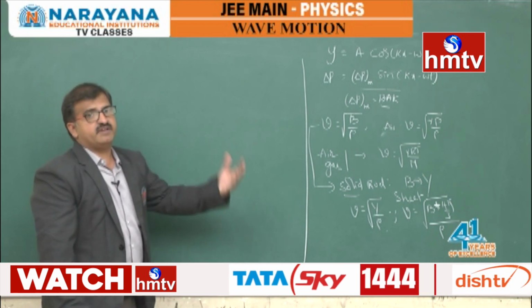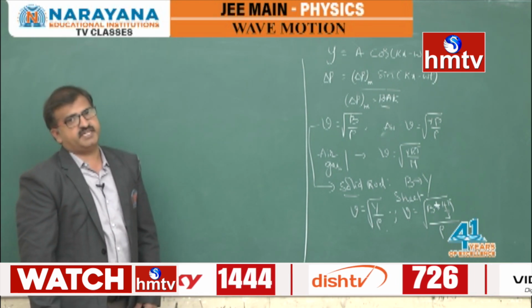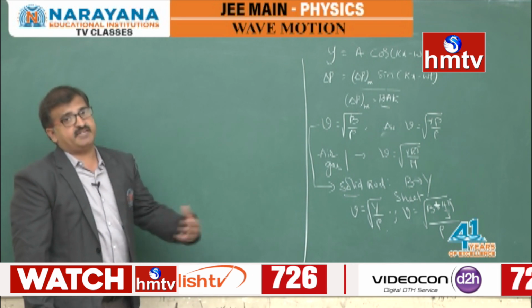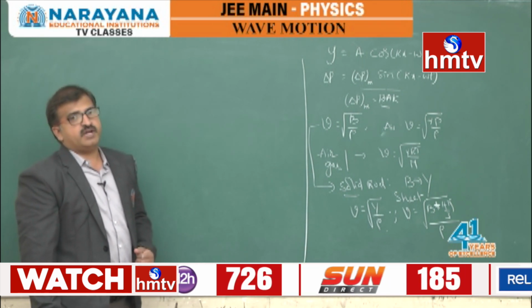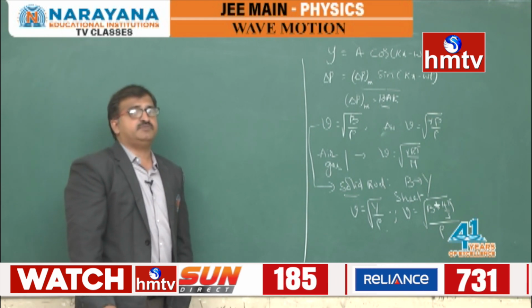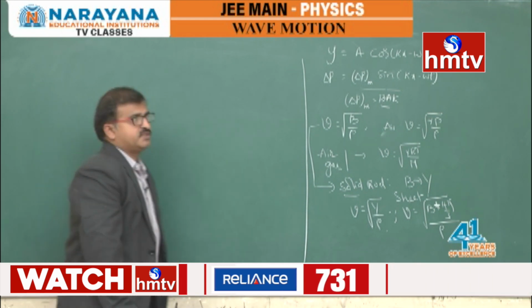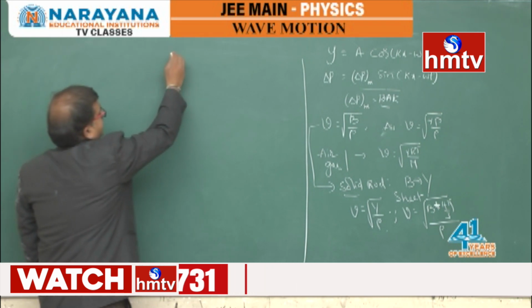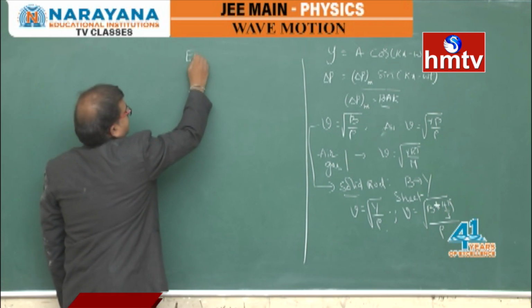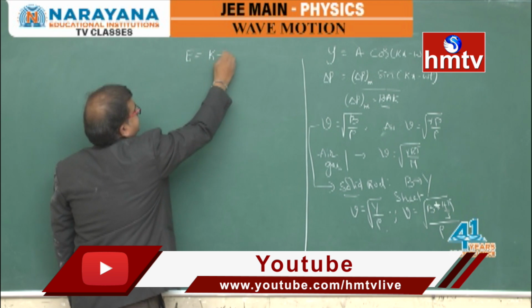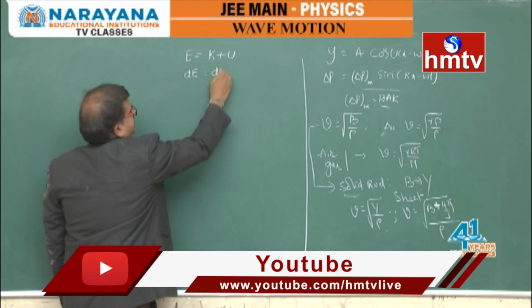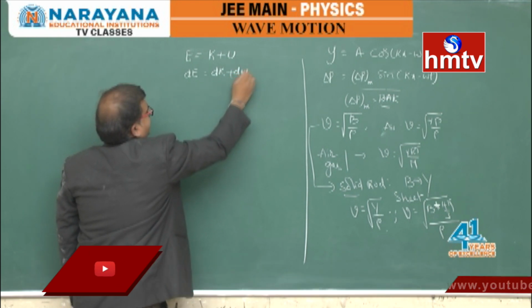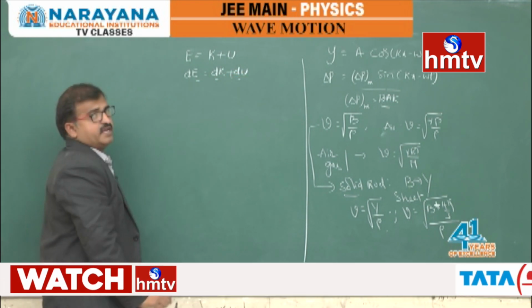Now, when a longitudinal wave is propagating, consider the energy carried by it. As we discussed, a wave is nothing but energy in transition, so energy is carried from one point to another. The total energy is kinetic energy plus potential energy, taken as small elemental values dU and dK.